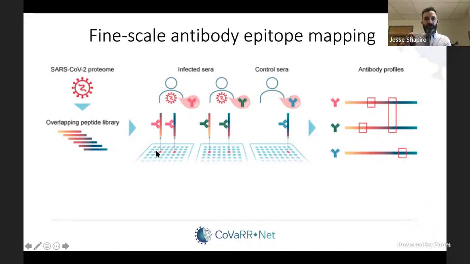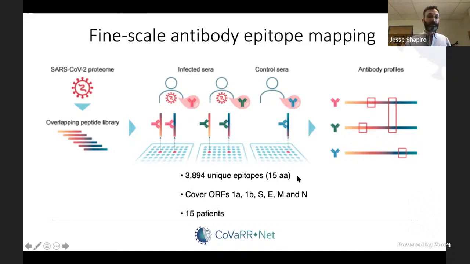Each is a little 15 amino acid segment of the genome on a chip that can then be queried, kind of like a microarray, by serum from either infected patients or controls, and with a fluorescent assay to see if there are antibodies that bind. So you get a profile across the genome of where antibodies are binding. This allowed us to query almost 4,000 unique epitopes.